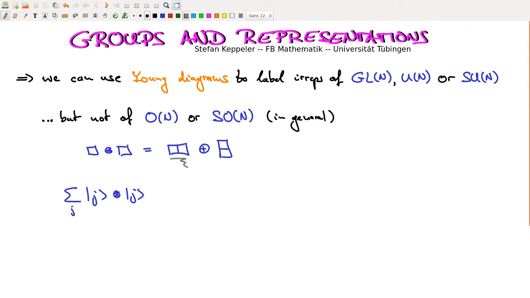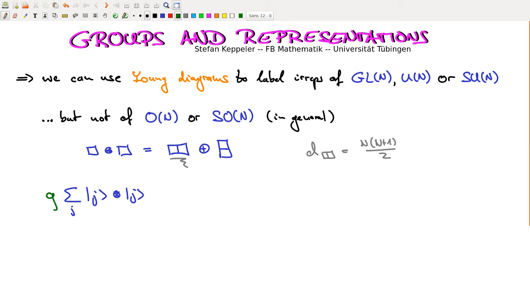And I claim that this spans a one-dimensional subspace of the space which carries this representation here. And by the way, this has dimension n times (n plus 1) over 2. So we find a one-dimensional invariant subspace in here.